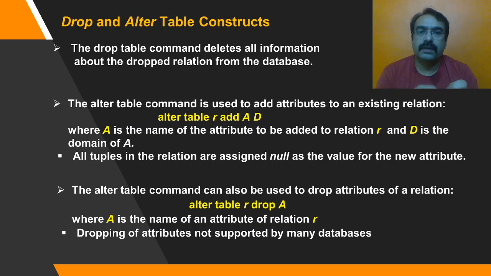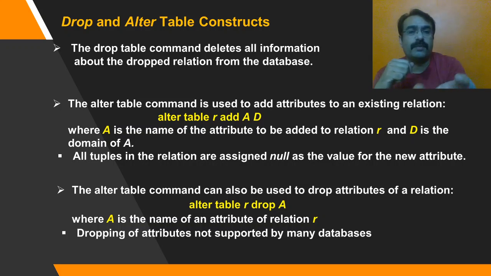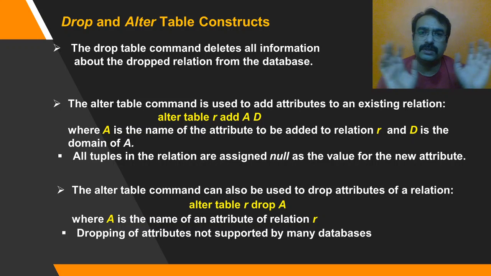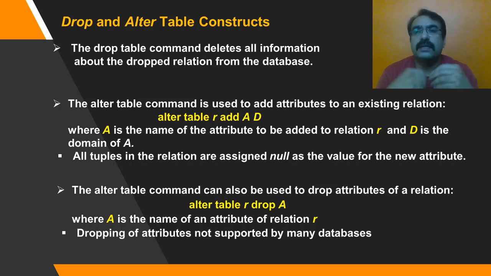Okay, so drop table is a very simple command. Drop r, it will simply drop that table. So drop table command deletes all the information about the dropped table from the database. It will totally erase that table, that relation. If you are just mentioning drop branch, it is going to delete the entire information.